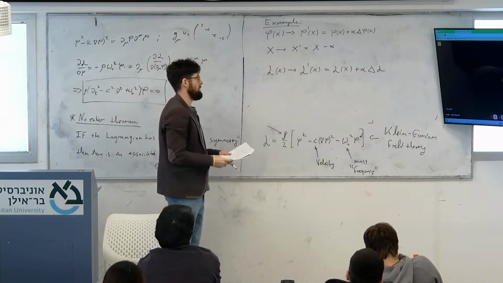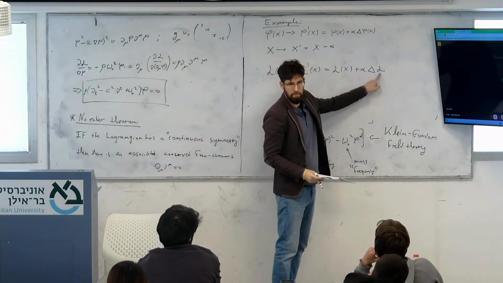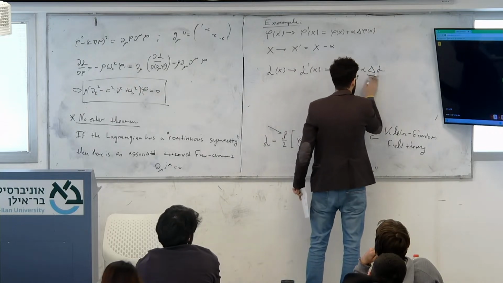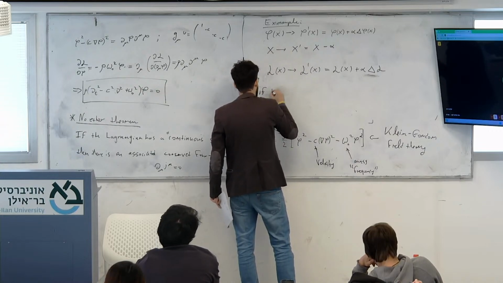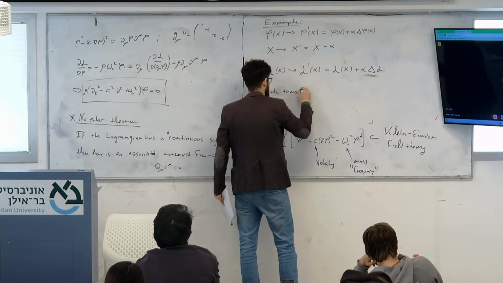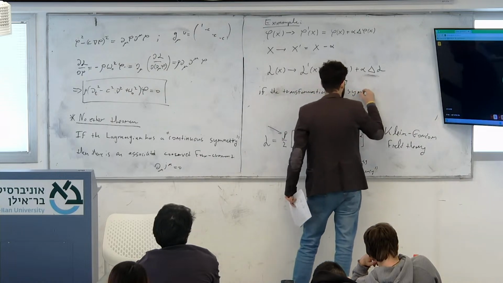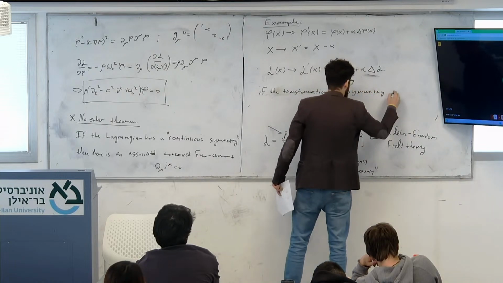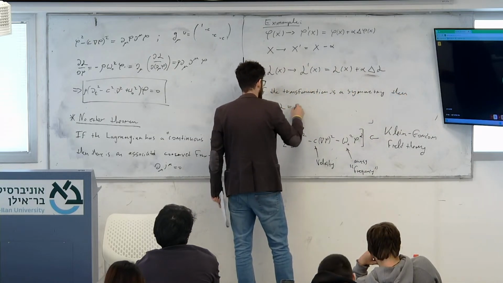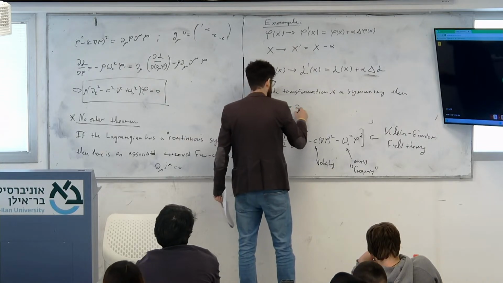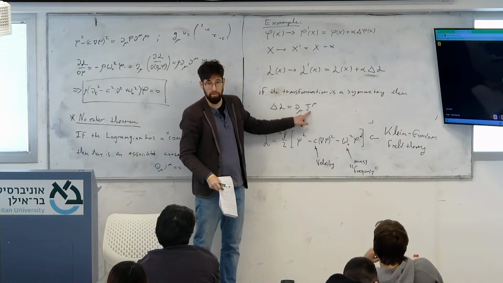And how do I know that this is a symmetry? This is a symmetry if delta L is a boundary term. Okay? So if the transformation is a symmetry, then delta L is also some derivative of some current.